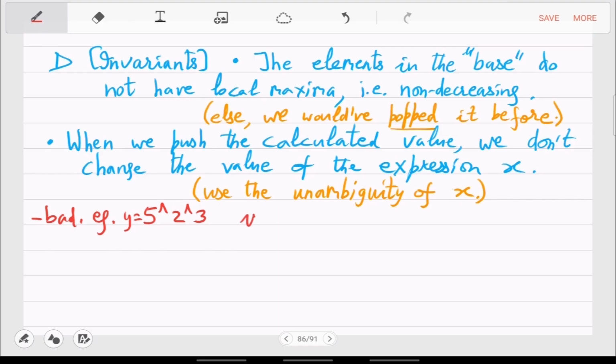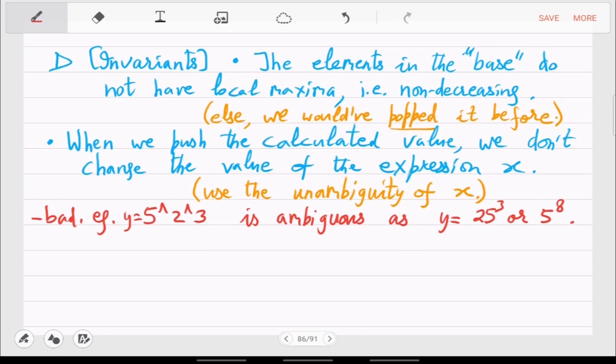So this is ambiguous, as it can be 25 cube or 5 to the 8. It has two answers, so two friends can get two different answers. Obviously the stack idea or anything will not work because even mathematically this is ambiguous.